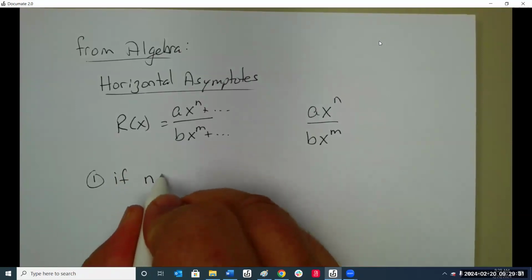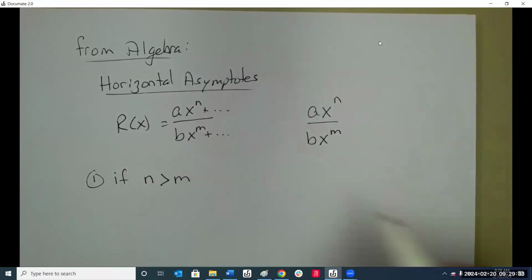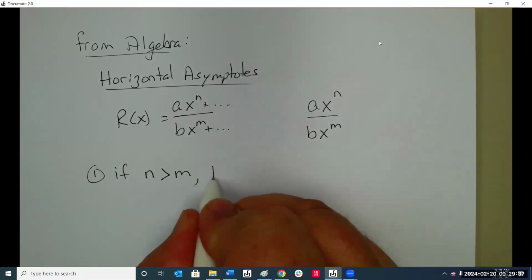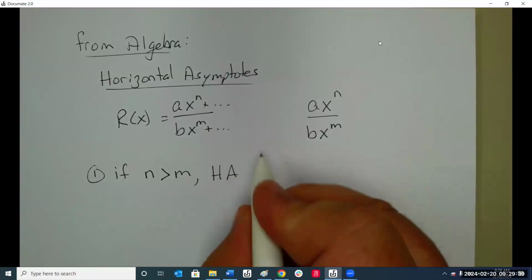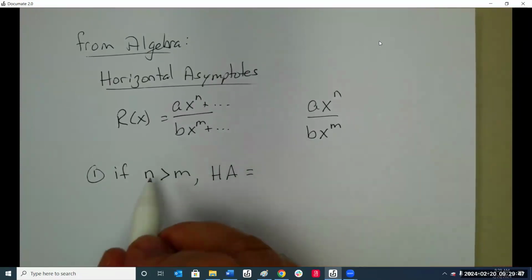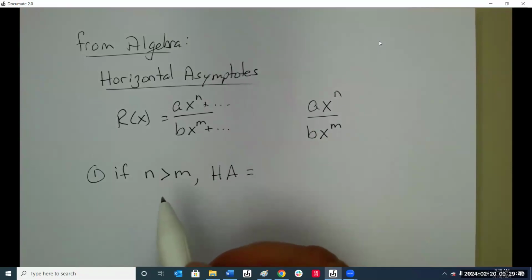If the exponent on top is bigger than the exponent on the bottom, what happens?